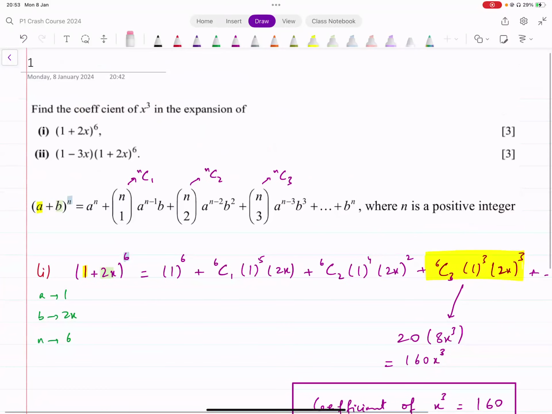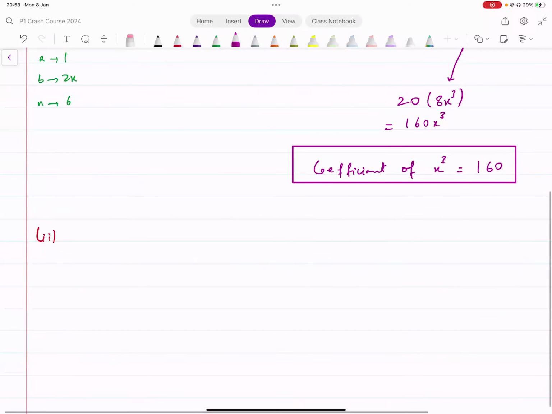All right. Now, the second part says, now this is important because you get such problems in binomial in every other question. The one that you have in the second part here. It says, find the coefficient of x cube in the expansion of this thing. Now you have two expressions here, two things being multiplied with each other.